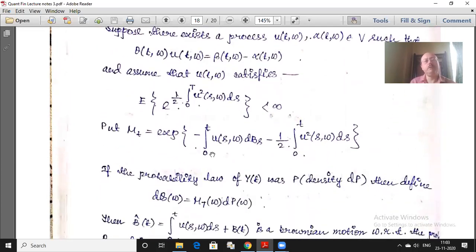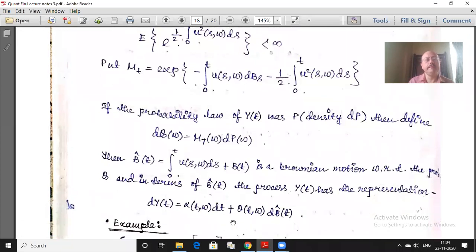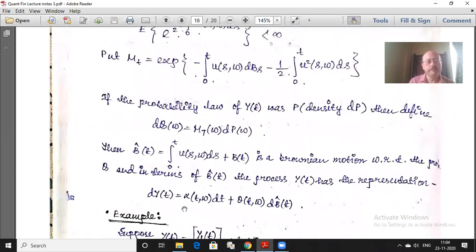I change the probability law by multiplying the density with this expression MT as defined here. So the new probability law is dQ equal to M dP. And I also transformed the Brownian motion to a new Brownian motion B hat, which is after adding a trend. Then I say that the same process y, the Ito process y, can now be expressed as follows: dy is alpha dt plus theta dB hat.